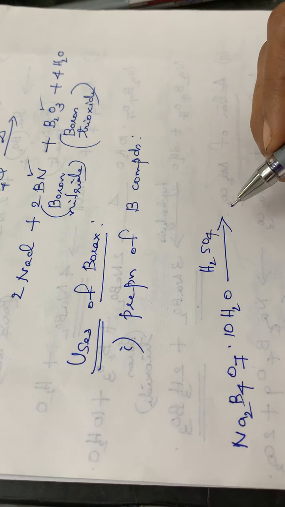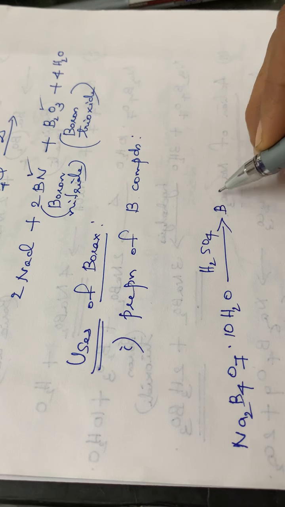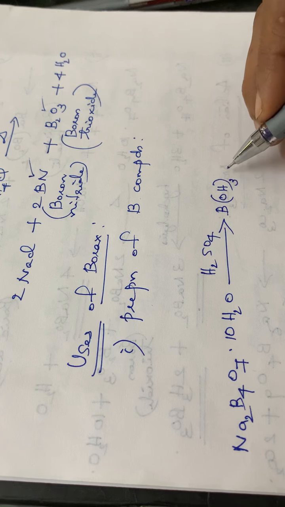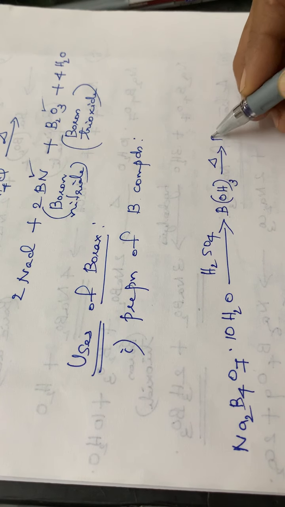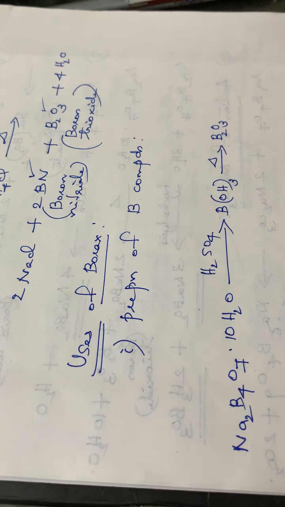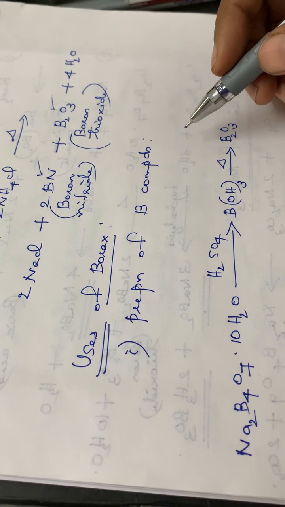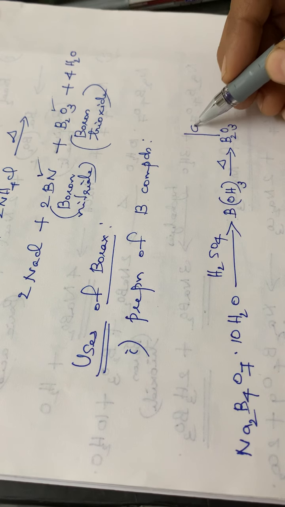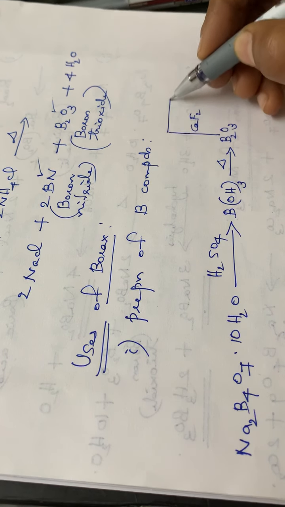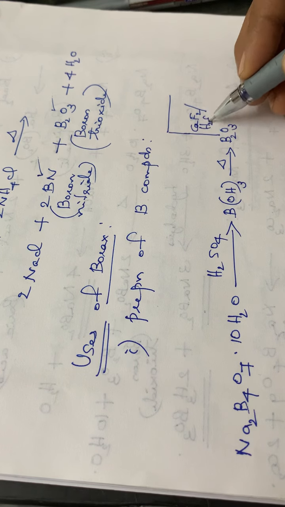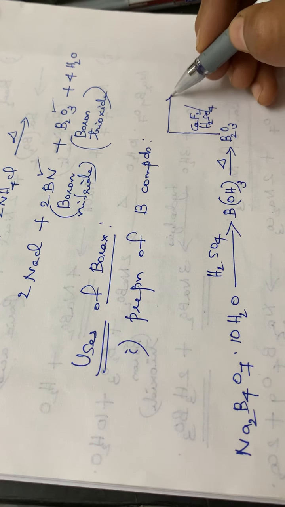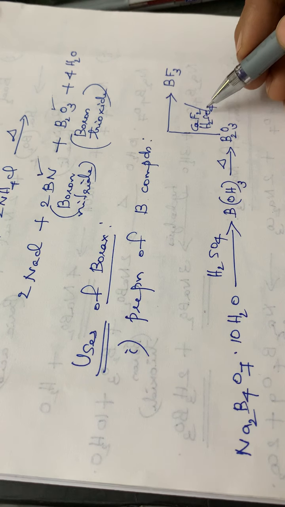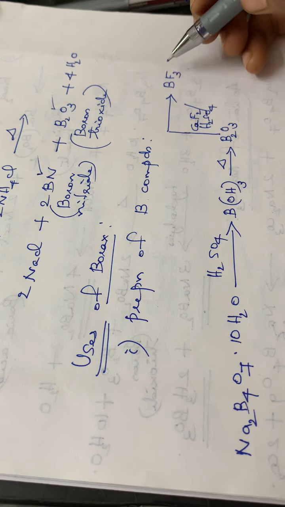We will be having boric acid H3BO3, or we can write it as B(OH)3. Okay, boric acid. This boric acid on heating, we will be having boron trioxide, that is B2O3. So this B2O3, when treated with calcium fluoride and concentrated sulfuric acid, will be converted to BF3.